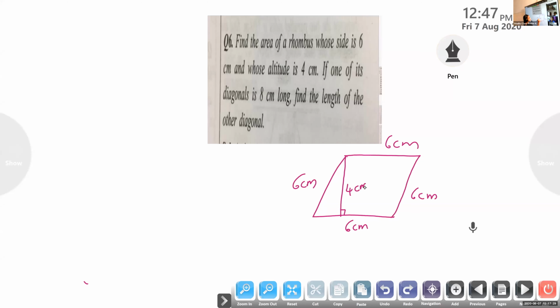One of the diagonals is 8 centimeter. Find its area and other diagonal. Draw a rough figure. This diagonal, we need to find this diagonal.